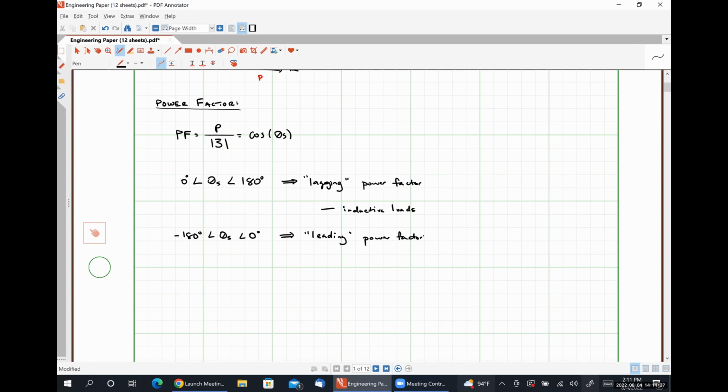So let's work an example here that utilizes these power factor relationships. And this is the type of problem you may see if you went into power engineering.